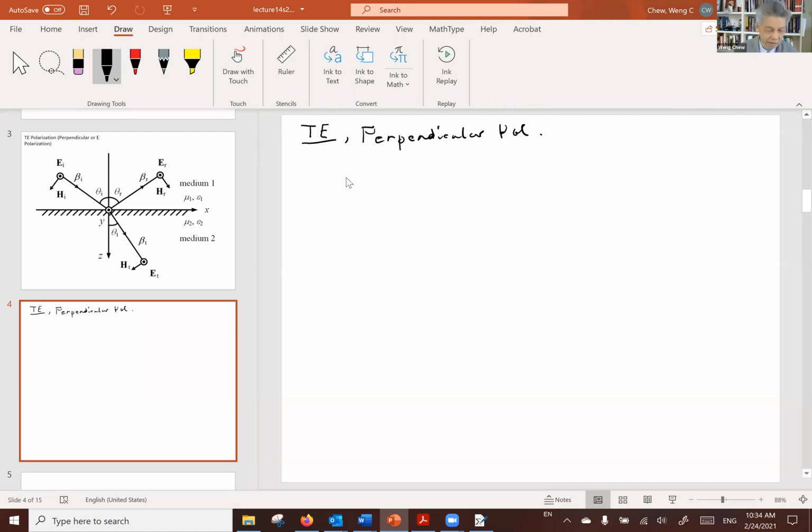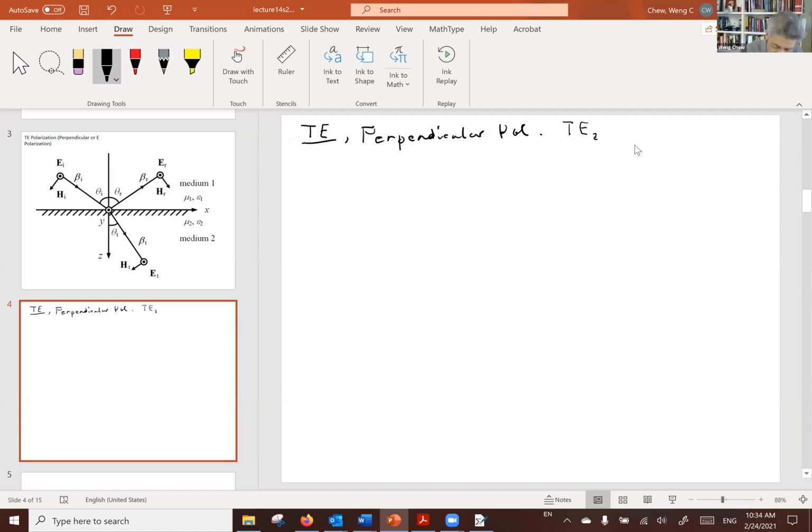It's called a perpendicular polarized wave, and sometimes also a TE to Z wave. It is with respect to the Z axis that this electric field is transverse. In a homogeneous medium like free space, you can just say TE and it's well understood, but where you have an interface, you sometimes have to specify that it is TE to Z.